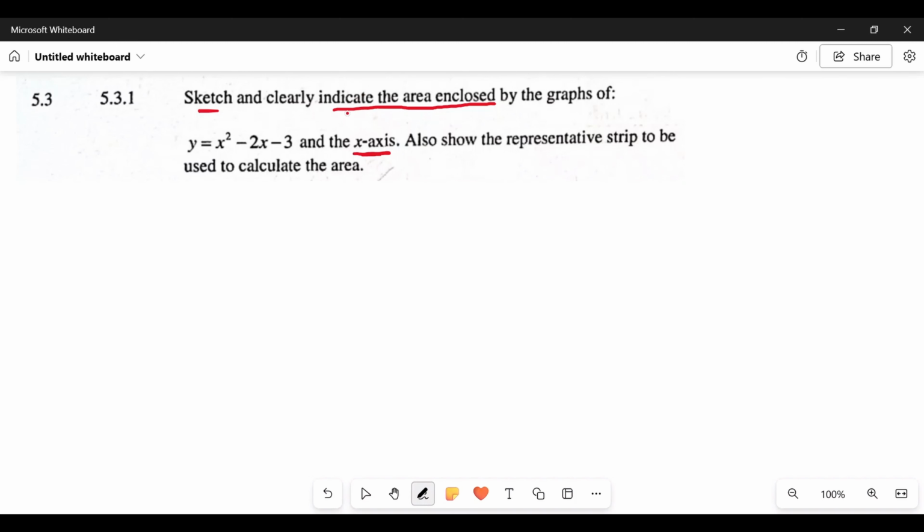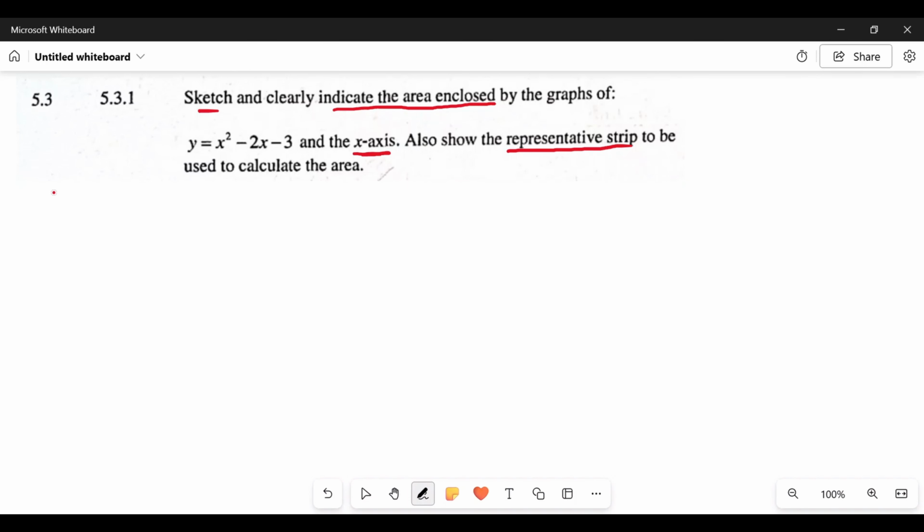We'll be indicating the area, and also we need to show the representative strip of that area. As you can see, this equation means we have to draw the parabola graph. The simplest way of drawing this graph is to use the intercept method. So here is how the intercept method works.